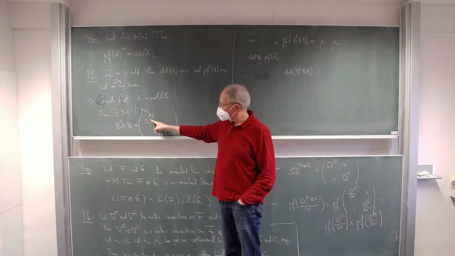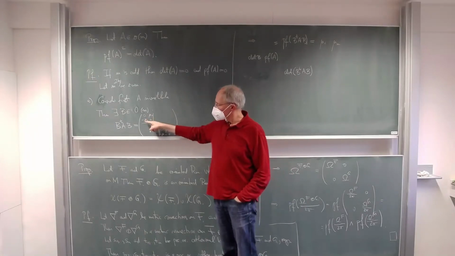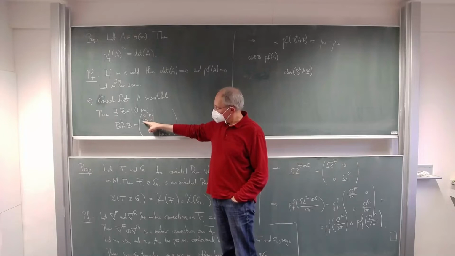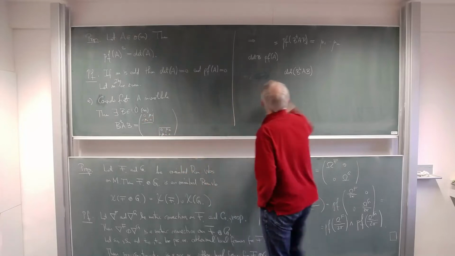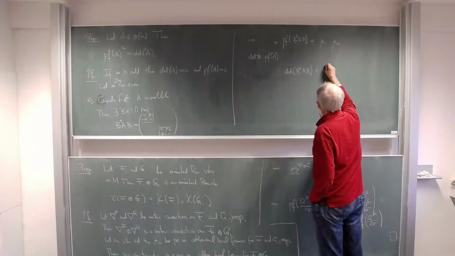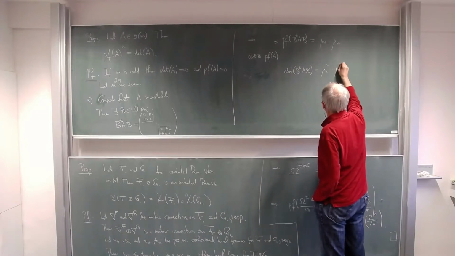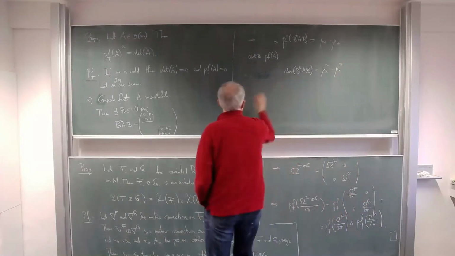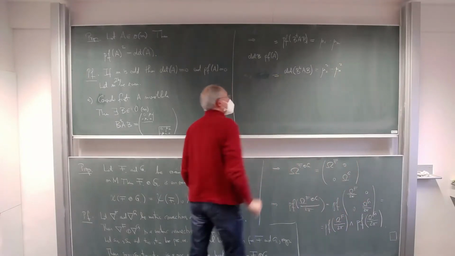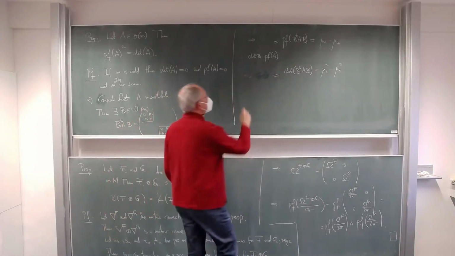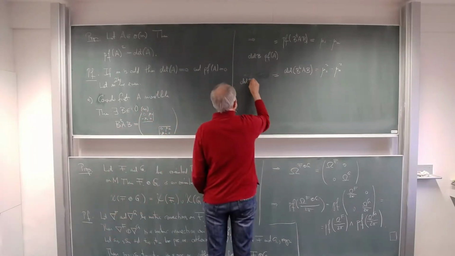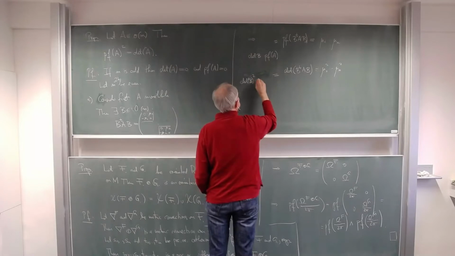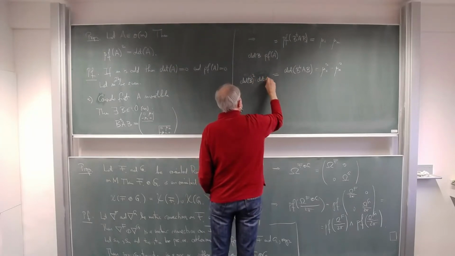It's the product of the determinants of these blocks, and the determinant of each block is 0 minus μ_1 squared, so it's the product of the squares. And on the other hand, by the usual product rule for the determinant, this gives us the determinant of B squared times the determinant of A.